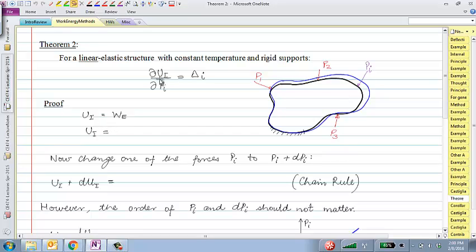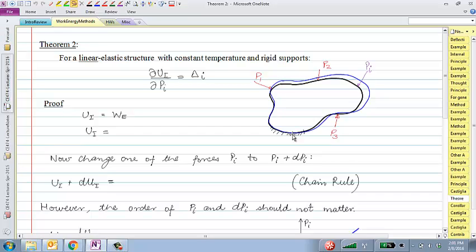For this problem as well, we are going to make use of the conservation of energy approach. Originally I had this black structure, and I applied these loads P1, P2, P3. What would be the total external work done in going from this black configuration to the blue configuration?